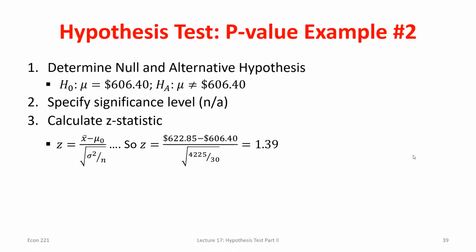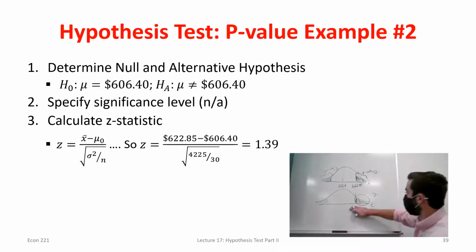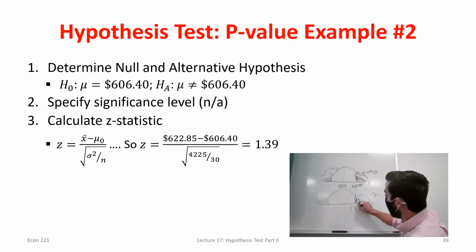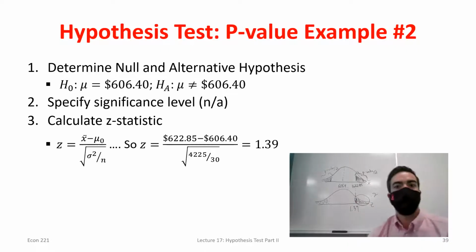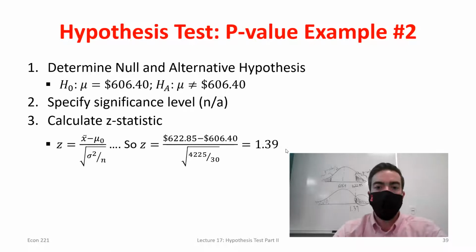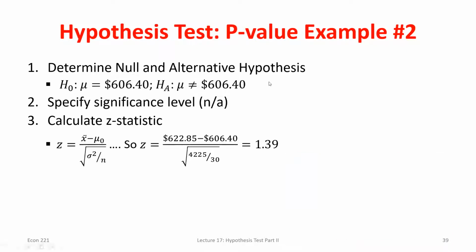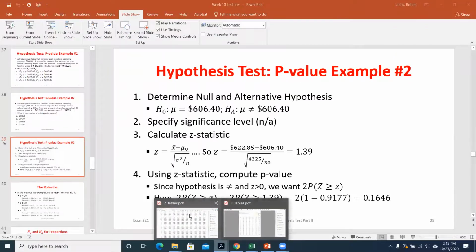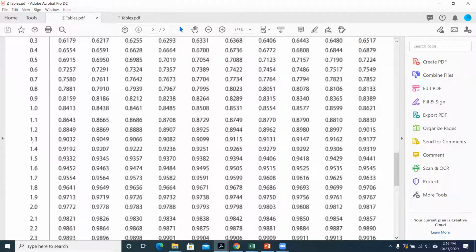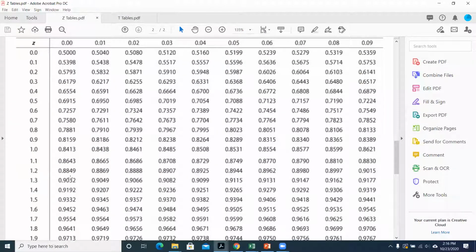Right? We want the area to the right. Okay? So we'll look that up in our table. 1.3, all the way over to 9, 0.9177. So I multiply that by 2 and I've got my p-value, right?